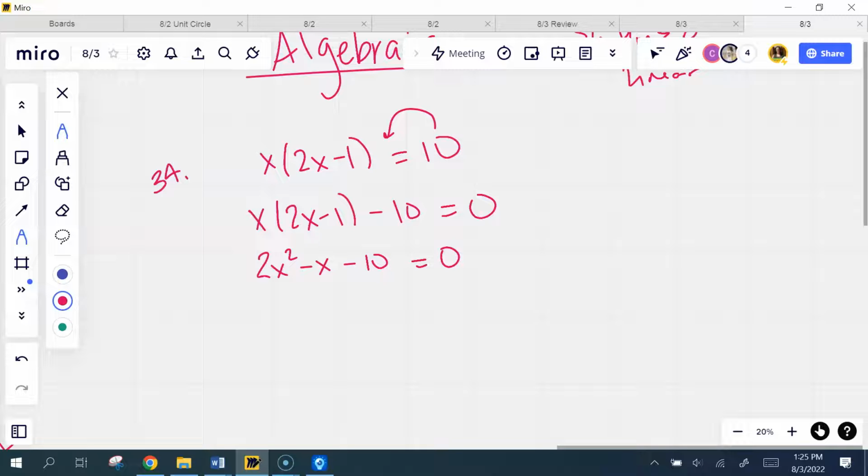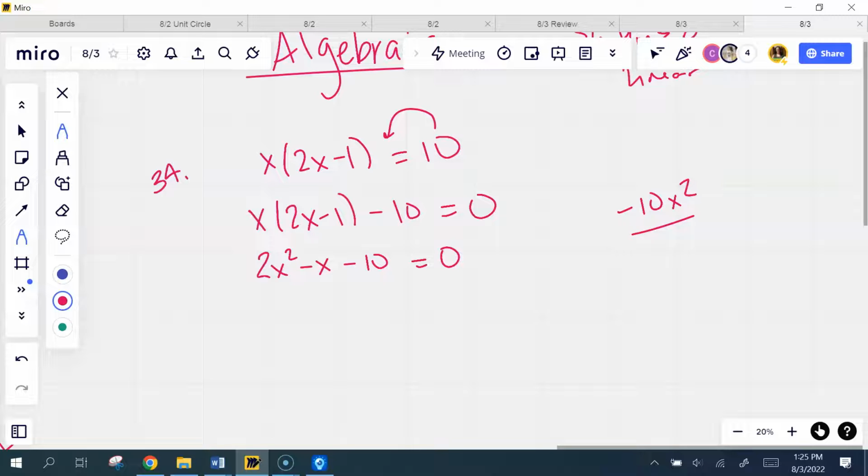Any thoughts now on what I should do? Factor. When in doubt, factor. That's still a thing. How do I factor something that looks like this? It has to multiply to negative 20x squared, but add to negative 1x.